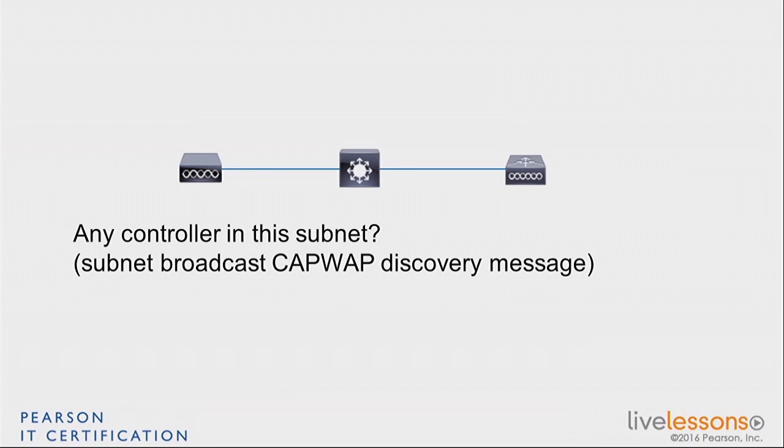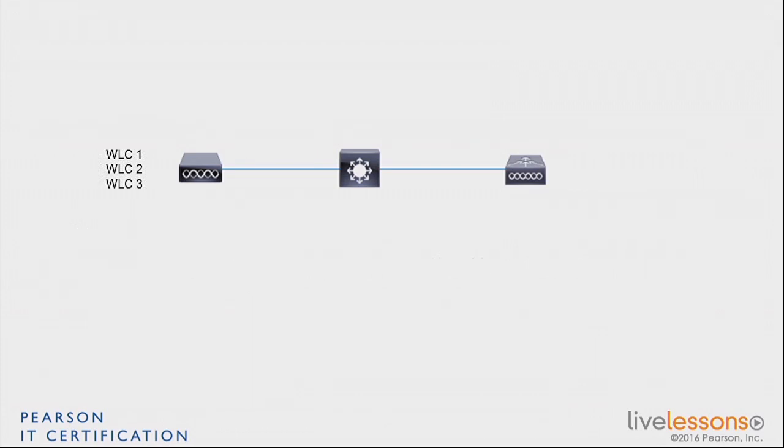If there is a controller in the subnet, or if there are controllers in the subnet, they are going to respond, unicasting back to the access point saying, yes, I'm WLC XYZ, I am available. So this will allow the access point to set up maybe a first list of possible controllers it can go to. Again, maybe the AP will discover 3 like in this example. Maybe it will not find any controller there, but at least it will try this first method, a broadcast discovery in its own subnet.